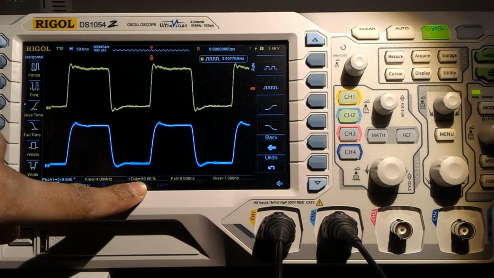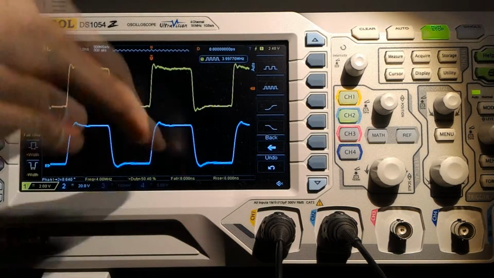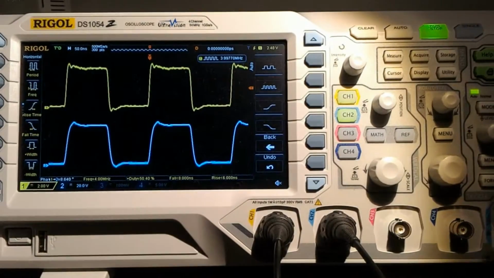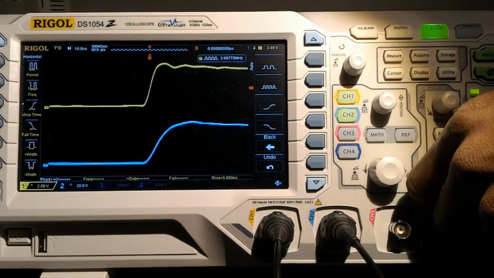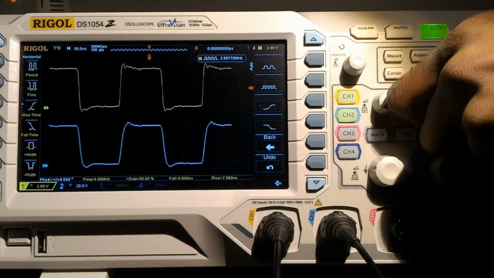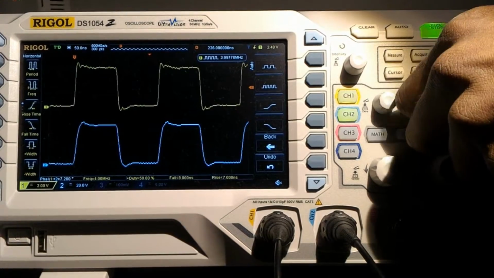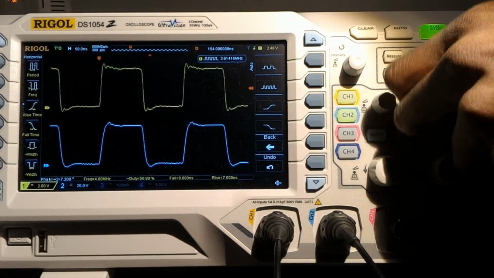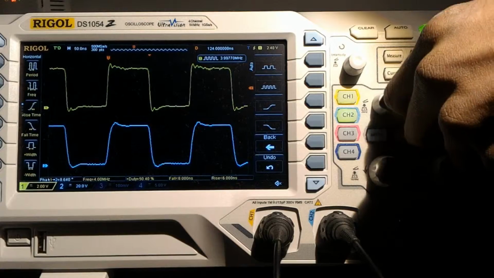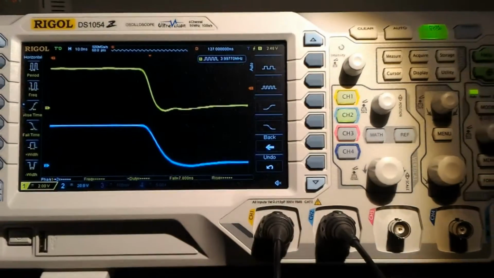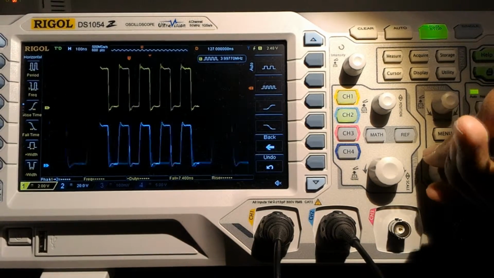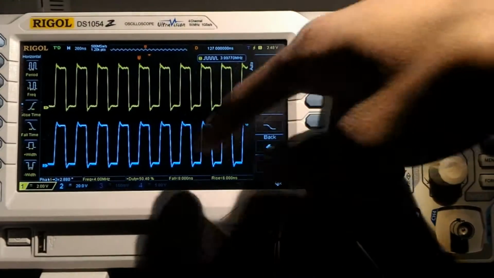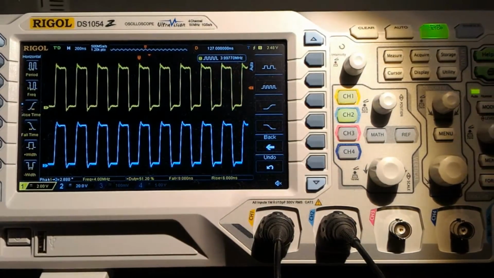Duty cycle is 50%, and if we take a look at the rise time, it's 6 nanoseconds, and the fall should be way higher. It is 7 to 8 nanoseconds, so a significant change at 5 megahertz, or as the scope says, 4 megahertz.